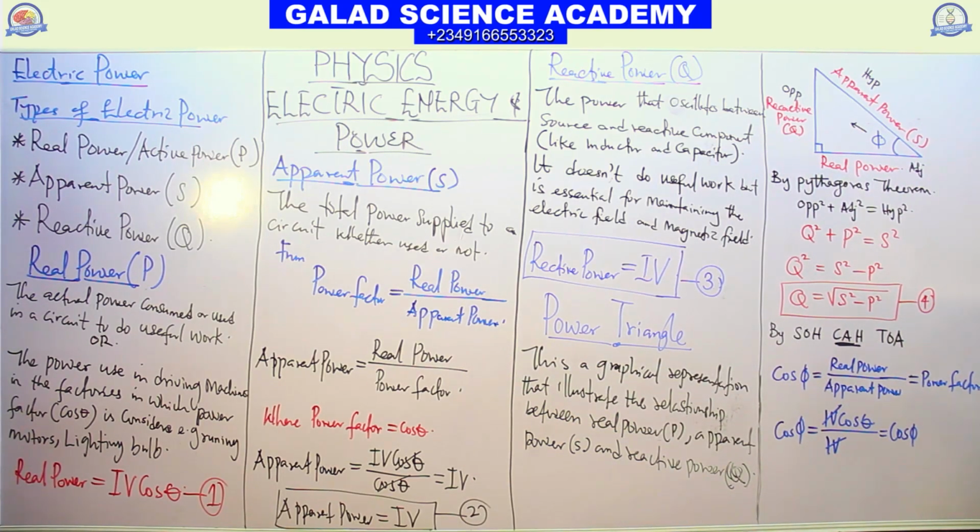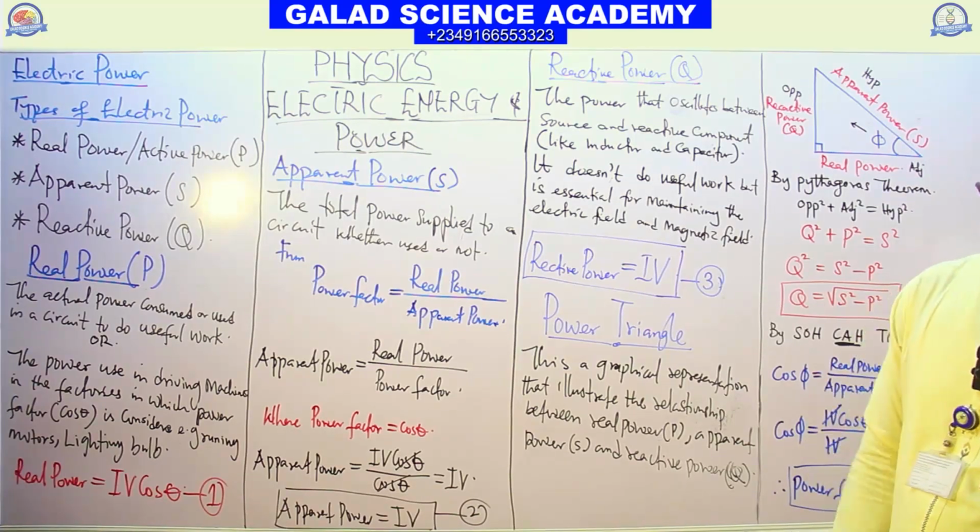I said it before. So power factor is equal to cos of the angle of this triangle. That is the formula for power factor. So let's solve two or more questions on this.